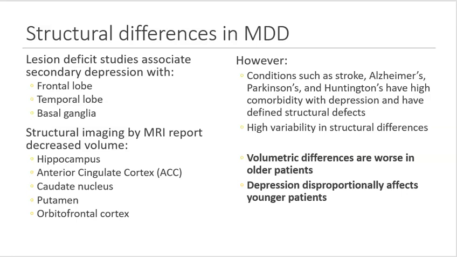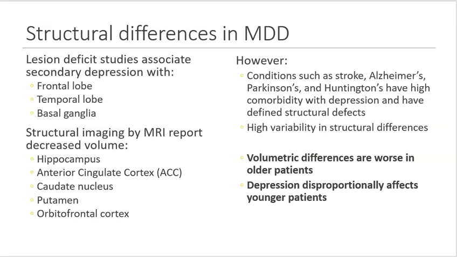There's then structural imaging by MRI. This is where they'll have healthy patients and then patients with MDD, and they'll compare the structural MRI of these patients and actually measure the volume of all the different brain areas, usually in that limbic system, but also all other areas of the brain, and then compare the volumes.